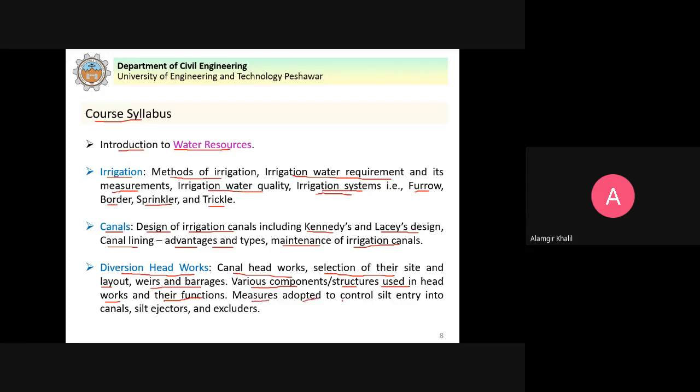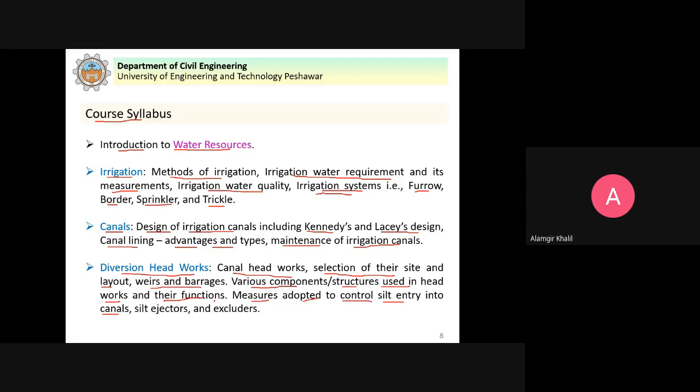Measures adopted to control silt entry into canals. Because canals are constructed to divert water from rivers, and rivers carry heavy sediments, we have to control the silt entry into these canals. As I said, these can get deposited in the canals and can reduce the discharge carrying capacity.